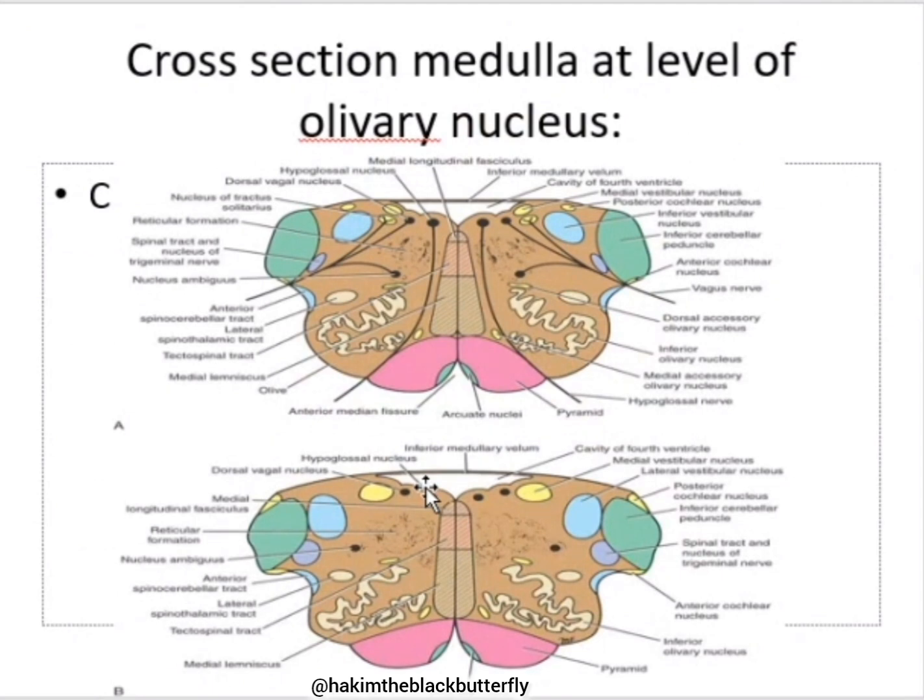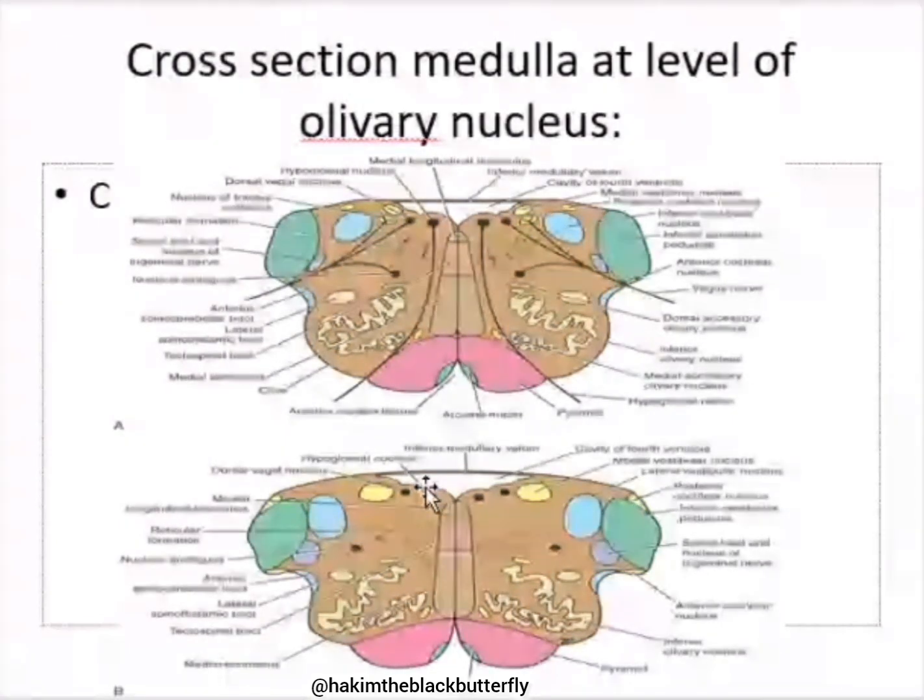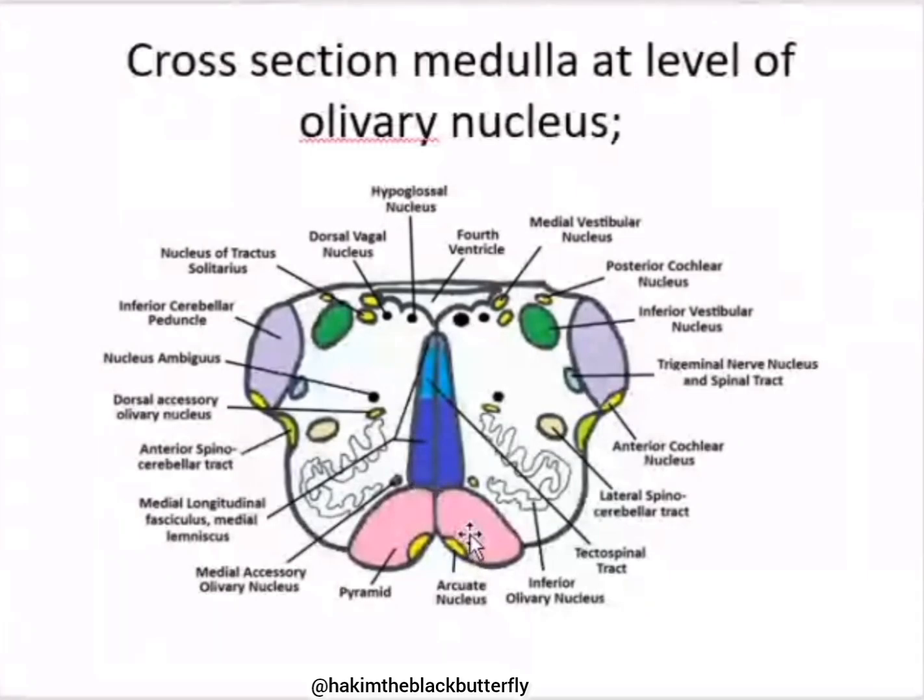Then we are going to see what is located within the medulla oblongata at the level of the olivary nucleus. At the level of the olivary nucleus, we are going to still see our pyramids.